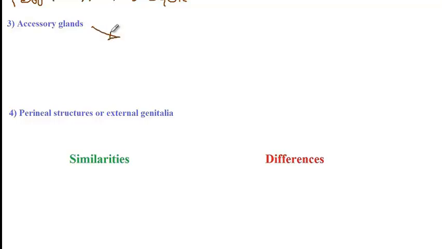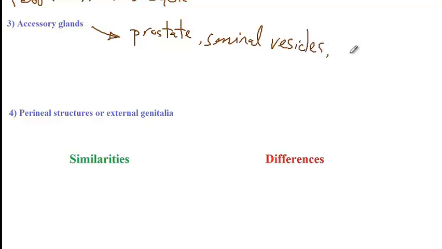So in other words, the accessory glands in males include the prostate, seminal vesicles, and bulbourethral gland. We will go in a little more detail regarding every one of these structures in our next video. Here I'm just summarizing all the findings.